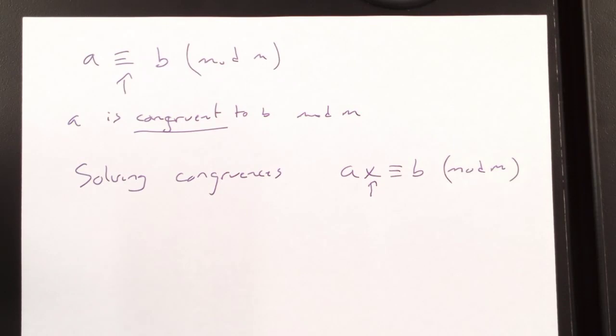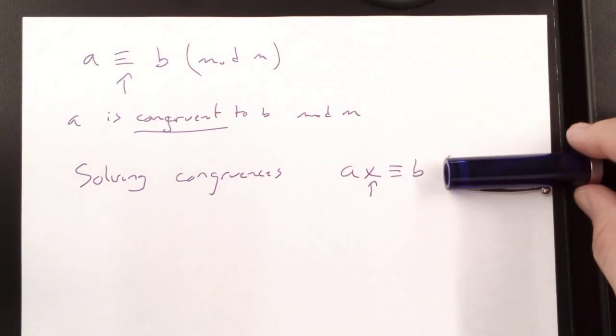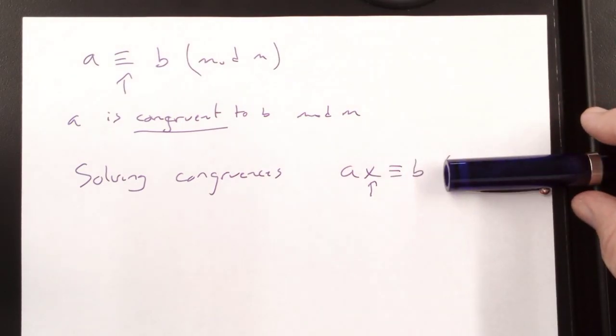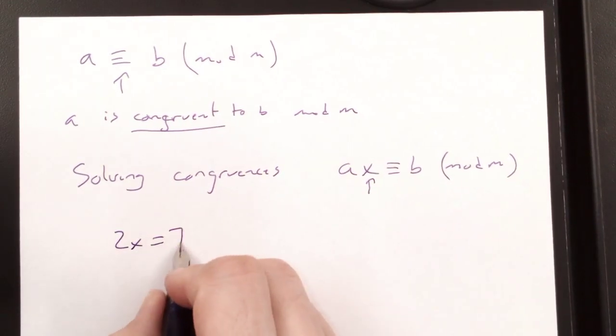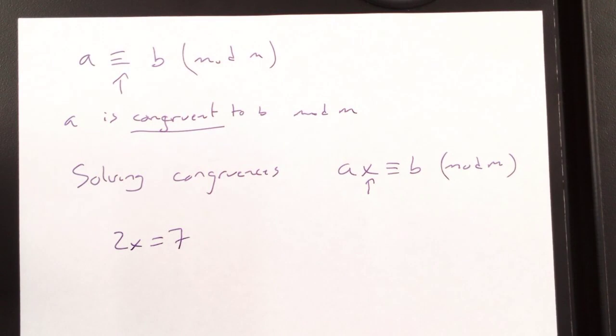If you wanted to solve for x, if this was a regular equal sign and that wasn't there, how would you solve for x? I just divide by 2.